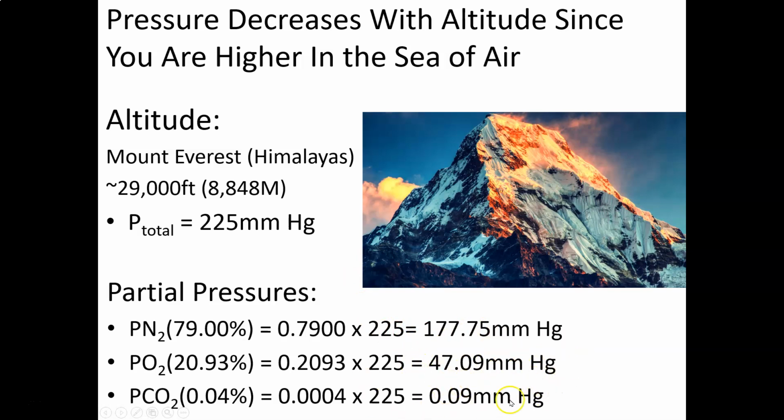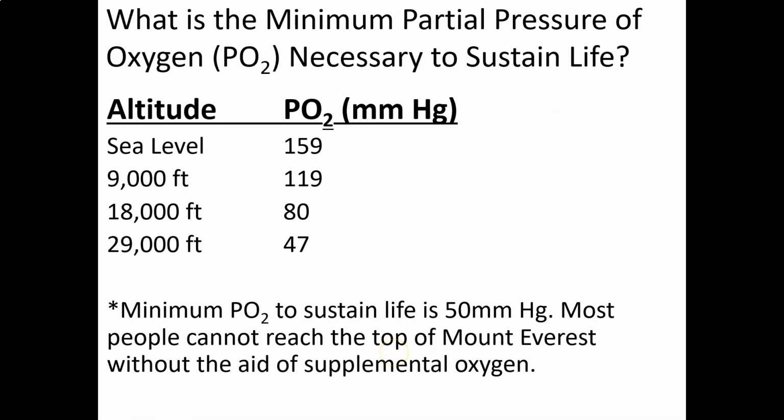So humans can't live at the top of Mount Everest, right? There's a couple humans who can go to the top, but most humans can't because it's below that 50 millimeters of mercury minimum pressure. So that's an important consideration.